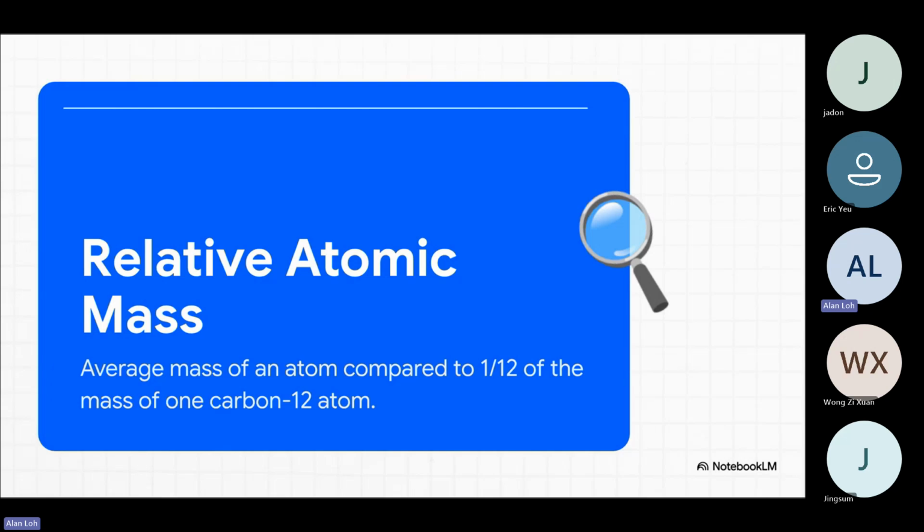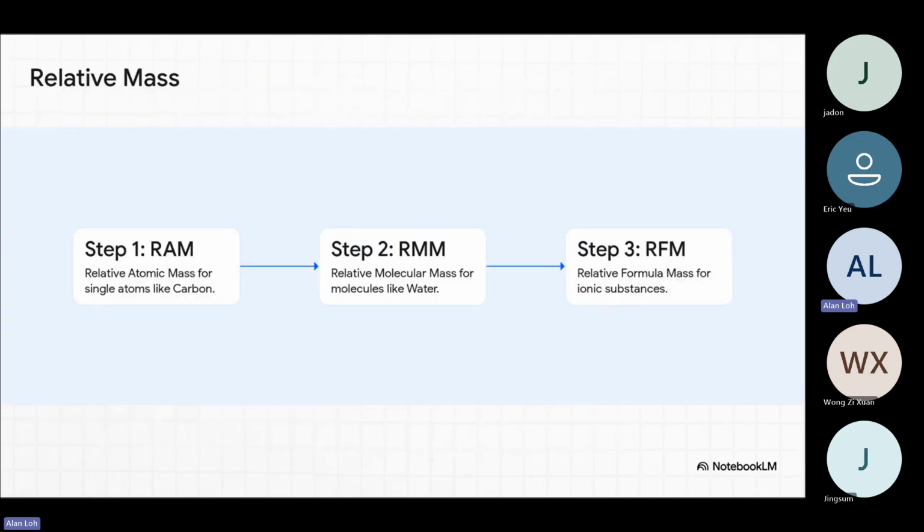It's honestly an incredibly elegant solution to the problem of measuring the microscopic. And the beauty of this relative math is how elegantly it scales up. Step 1 is what we just learned, relative atomic mass, or RMM, for single atoms. But what happens when atoms bond? Step 2, we get relative molecular mass, or RMM. You literally just add the atoms up.